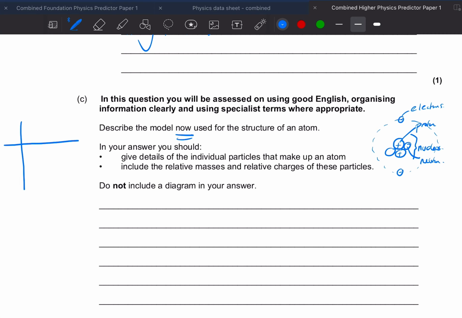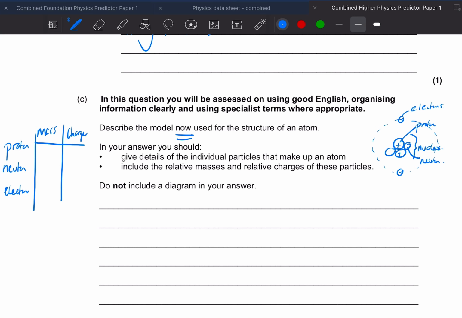Is this table of proton, neutron and electron. I'll make it a bit bigger so we can see it. We should know the mass and the charge.